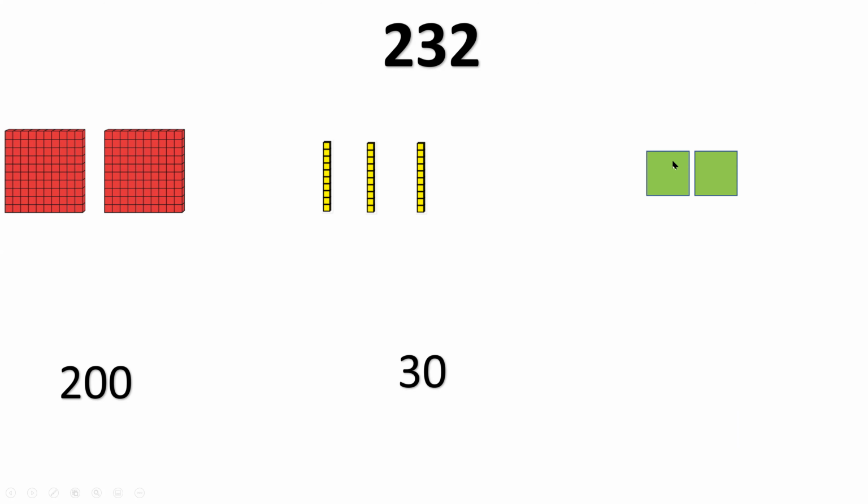So I'm going to build the number 232 using 200 blocks, 1, 2, 3 tens blocks, so 10, 20, 30, and 2 ones blocks, 1, 2. So make sure that your building looks like what's on the screen. Pause the video so you can give it a try.